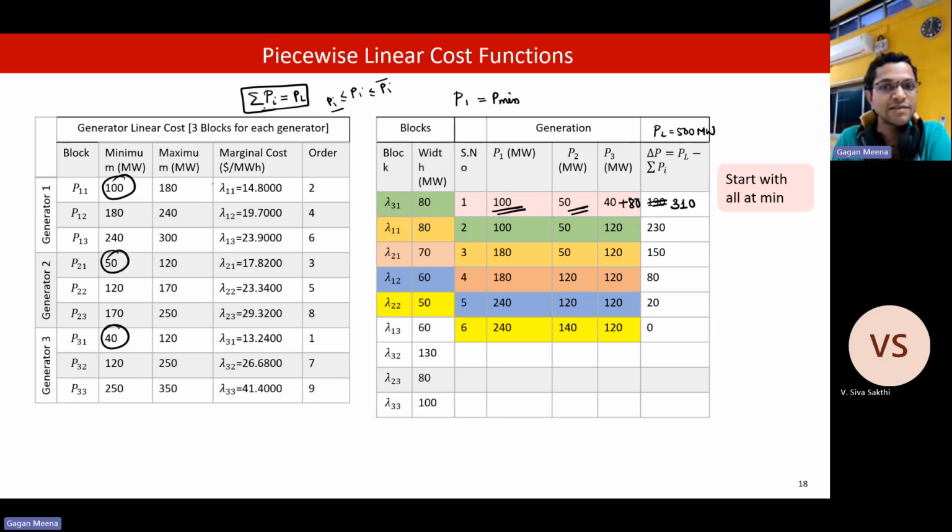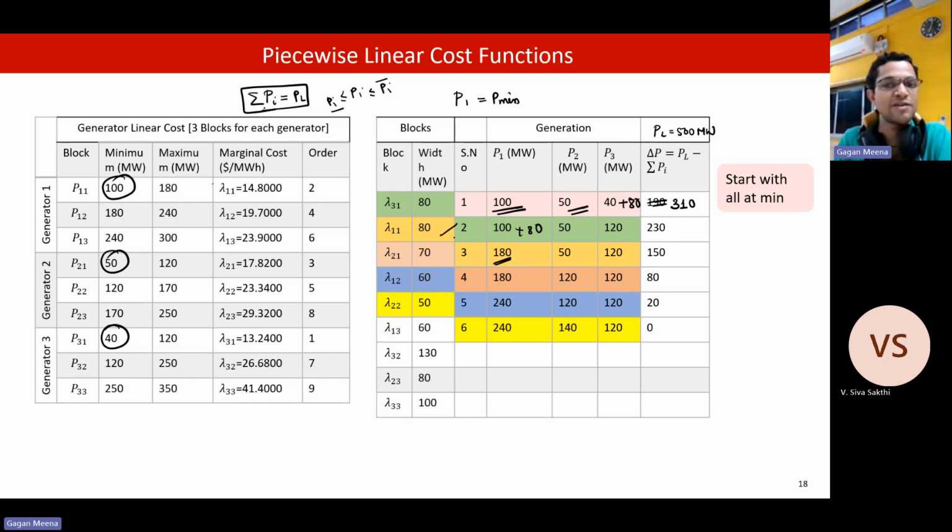Now the second one is the first block of generator 1. It also has a capacity of 80. We add 80 to this first generator, and it becomes 180. The other remains the same. So in each step we are using one block. If a generator reaches its maximum limit, or that block is exhausted, we go to the next block.